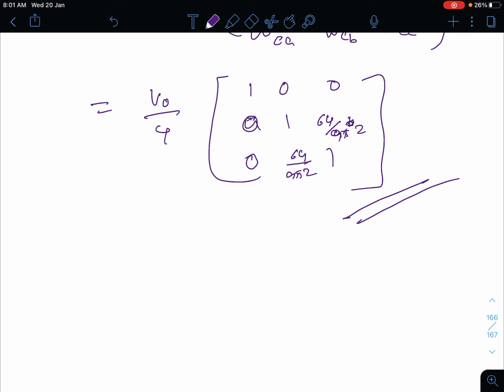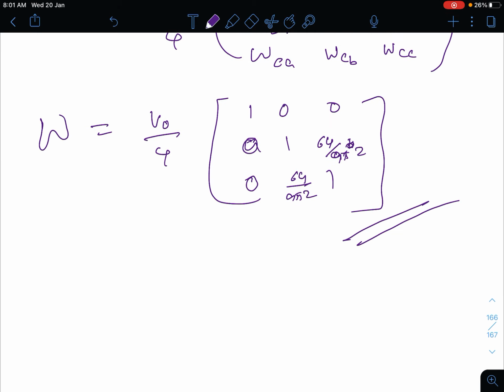This is the equation. So this is the W matrix we will be getting.